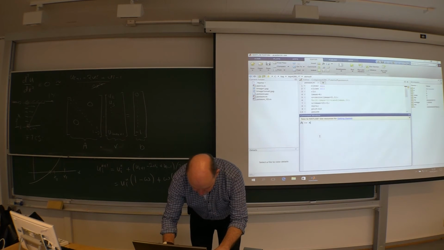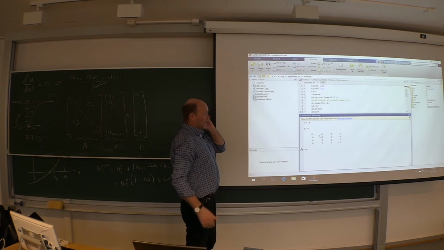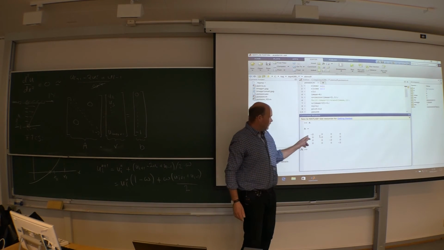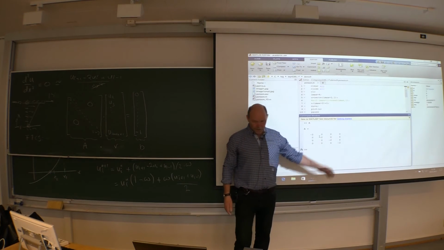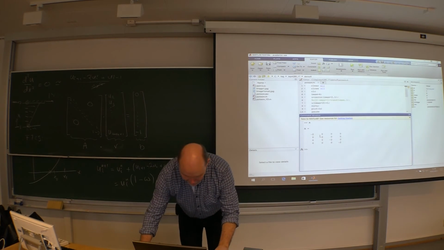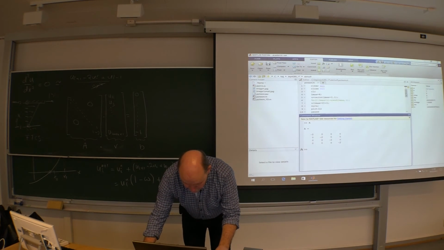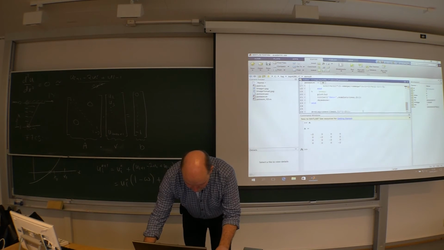So now the A matrix looks something like this. So the diag, he just puts minus 2 on the diagonal. That's all. But I need more than that.